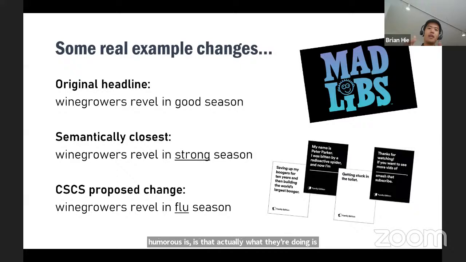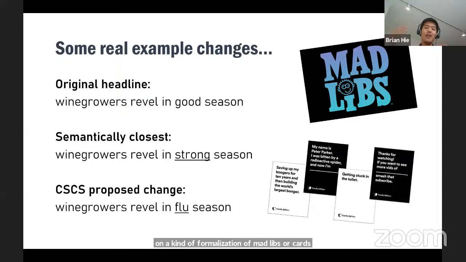The rules of the game constrain the word choices that you provide to be grammatically correct. And the reason why we find these games amusing or funny is the semantically jarring word choices that we make at times when we play these games. So we stumbled on a kind of formalization of Mad Libs or Cards Against Humanity.